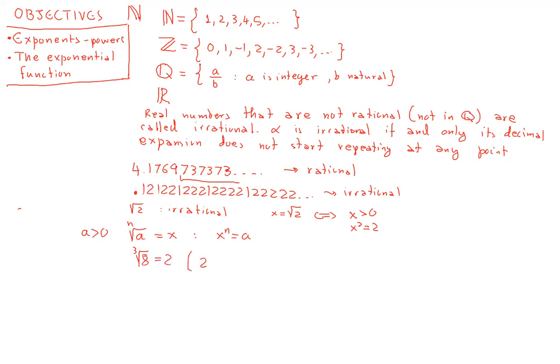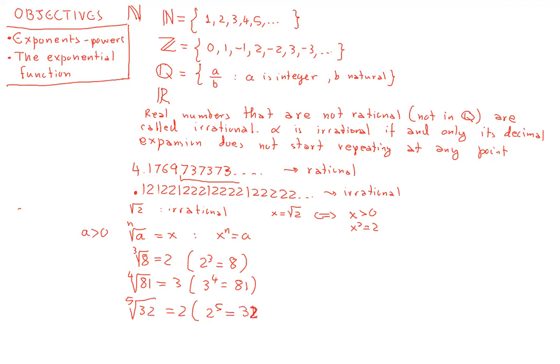Why? Because 2 to the third is 8. The fourth root of 81 is 3. Why? Because 3 to the fourth is 81. And the fifth root of 32 is 2. Why? Because 2 to the fifth is 32.